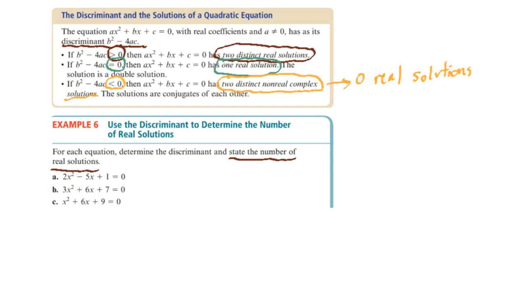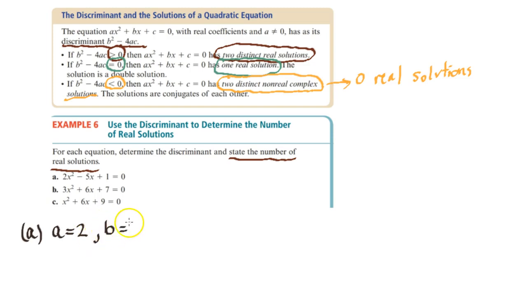All right, let's go into A. So the best way to go about this is to label what A, B, and C are for each problem. So for A, we have a equals, and that's the number in front of the x squared, so that's 2.